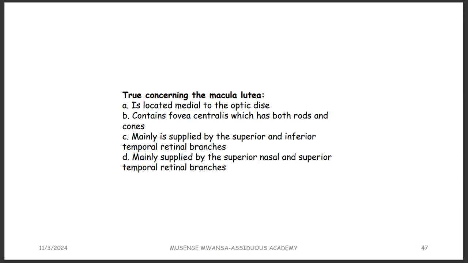Okay. Is there anyone with a different option? Anyone? Okay, in terms of location of the macula lutea in comparison to the optic disc, where is it?